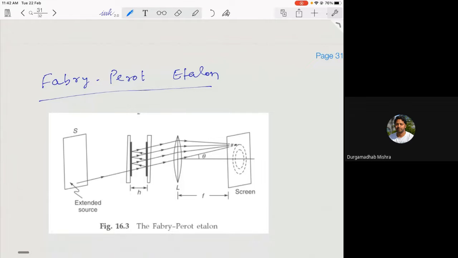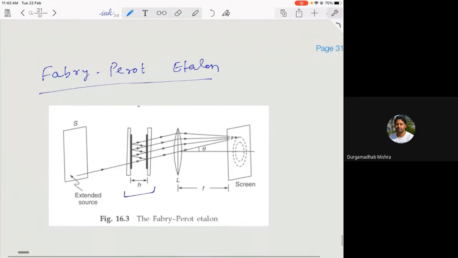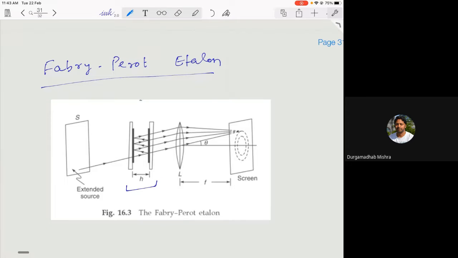What you have is basically a source, and then two glass plates which are partially reflective, and the separation is H. You will observe a fringe pattern due to the multiple beams that come out transmitted from this etalon.